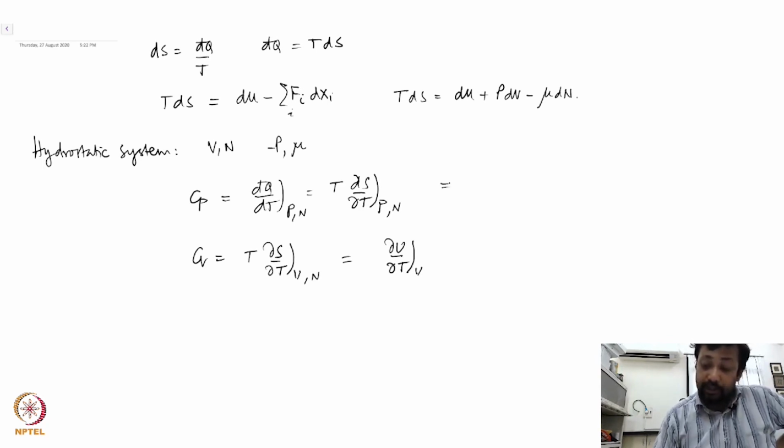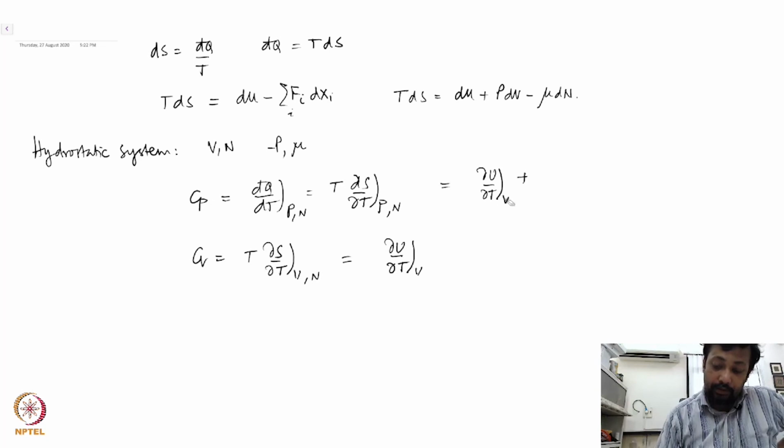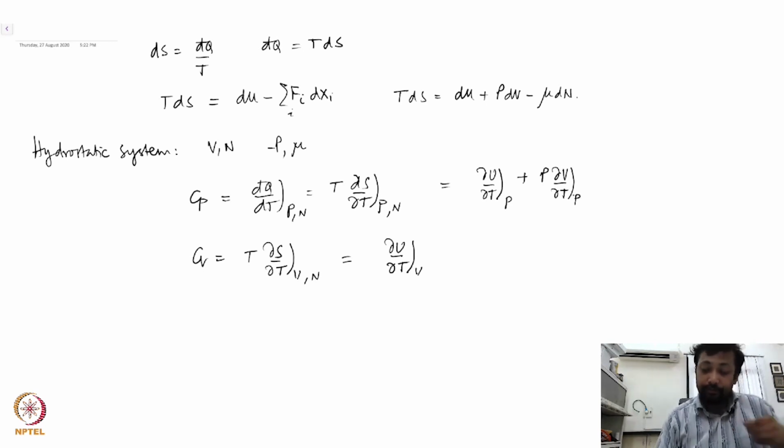This on the other hand is del U del T at constant pressure plus P del V del T at constant pressure, right? N has been held fixed, therefore this third term is 0. Right. So this concludes our discussion on the laws of thermodynamics.